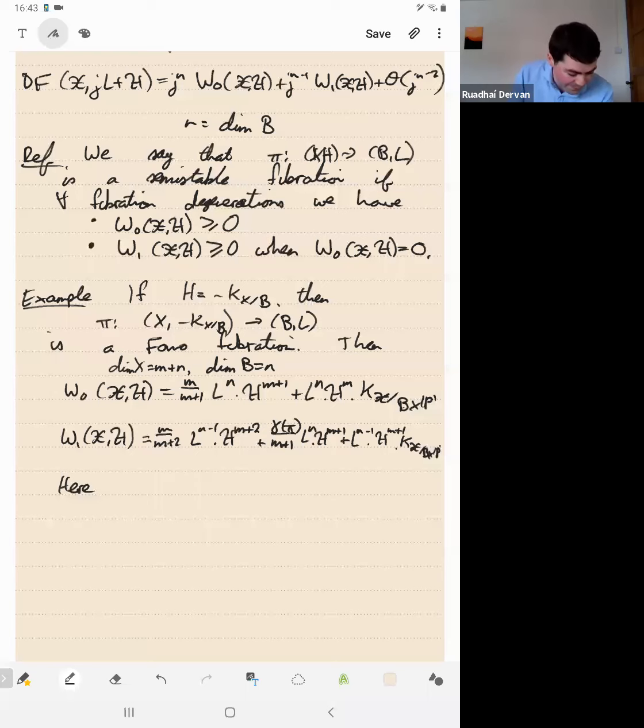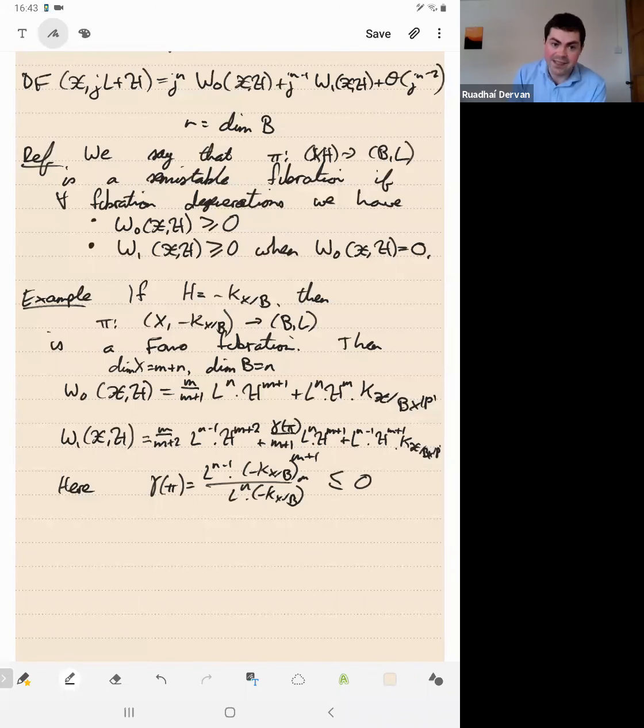It's a very interesting number. So gamma of π is equal to L^{n-1} · (−K_{X/B})^{m+1} divided by L^n · (−K_{X/B})^m. This is always non-positive, precisely because this is the constant that comes in when you're trying to study moduli of Fano varieties. The non-positivity here is a result of Codogni and Patakfalvi.